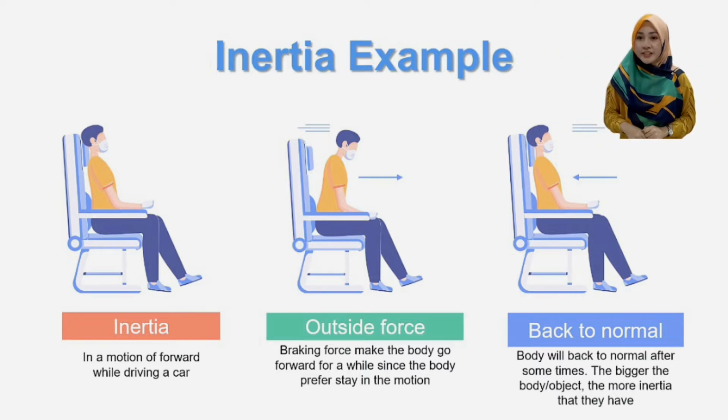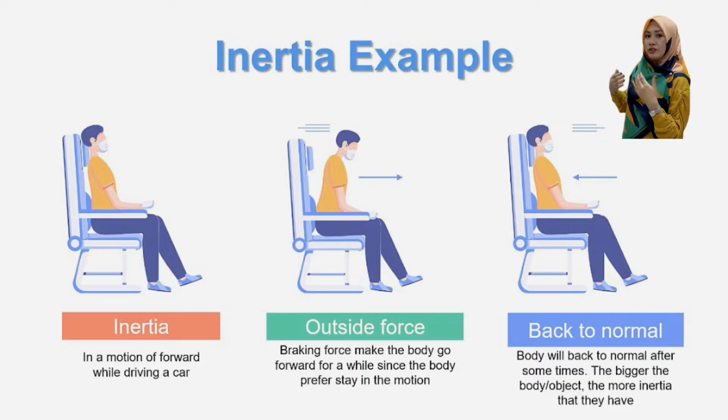It is very dangerous. So this situation shows that when our body is in motion, it will prefer to stay in motion, even though we are braking. The braking force is the outside force, and at a certain time, your body will return to normal.